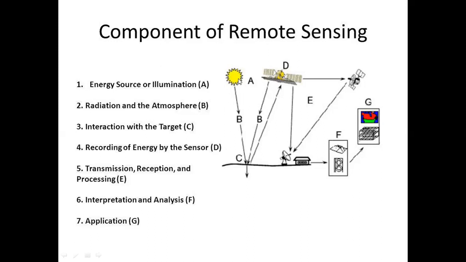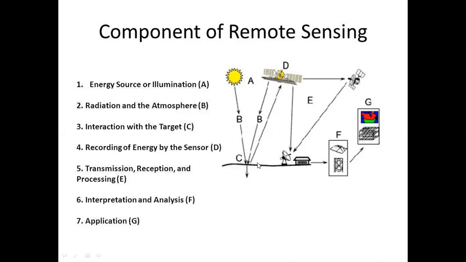From A to C, we have seen that the source of energy comes towards the ground surface, interacting with the atmosphere, and reaches the ground surface. Here on the ground surface, reflection, absorption, and transmission of the energy happen.